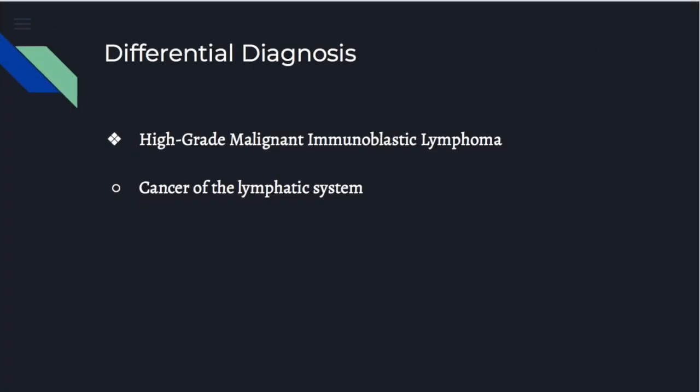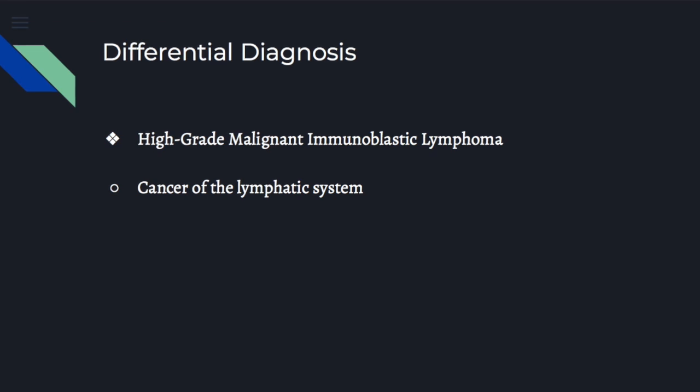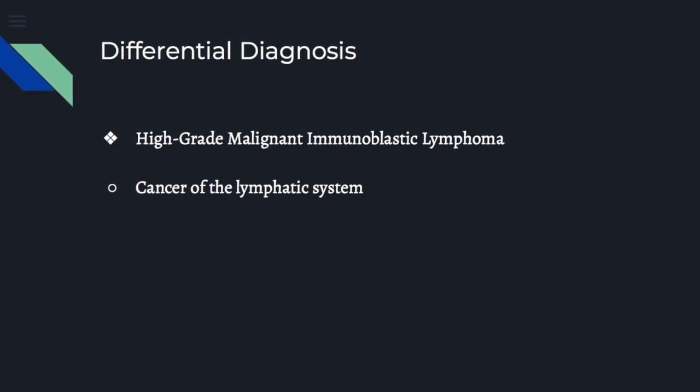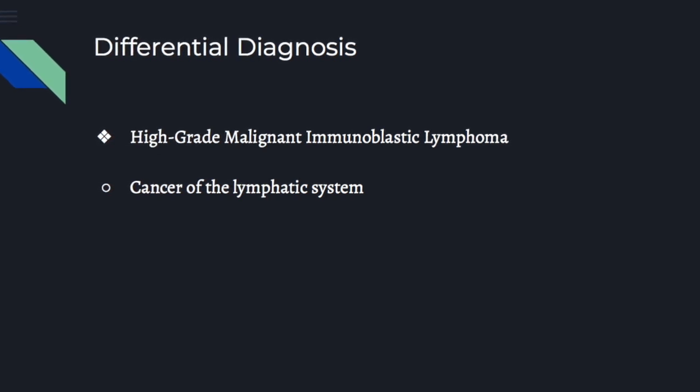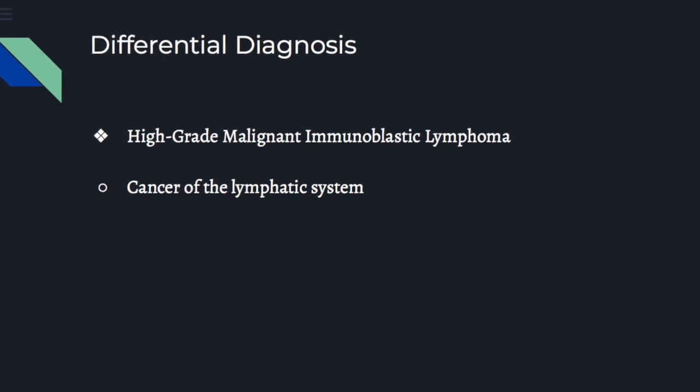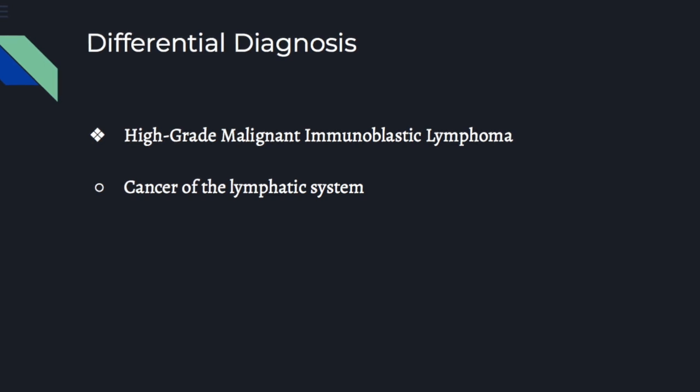So a differential diagnosis means that there is more than one possibility for the diagnosis of a disease, and it is based on similar clinical features that the two diseases may share. Now, we know at this point that HIV affects the immune system and causes you to not be able to fight off infections as well.